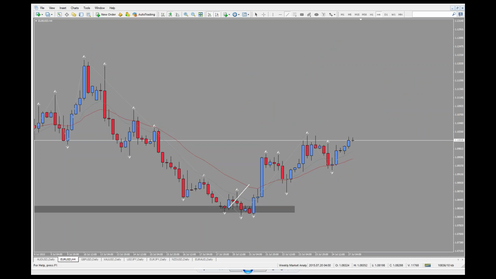If I entered right there, where I've drawn that line, that's where we were, and I placed my stop, say, right there, that stop is about 42 pips. Then my T1, and I'm just going to do this visually, I think is around about there. And T2 to me looks about there.